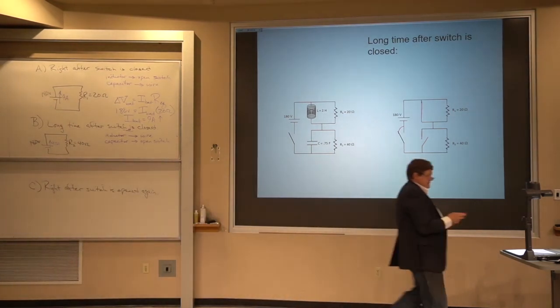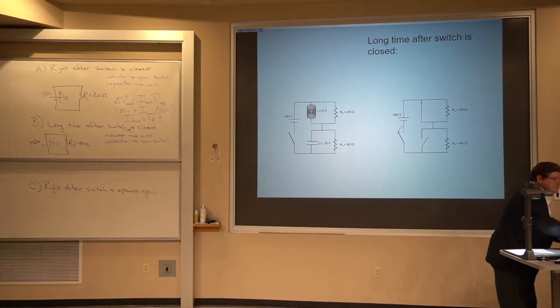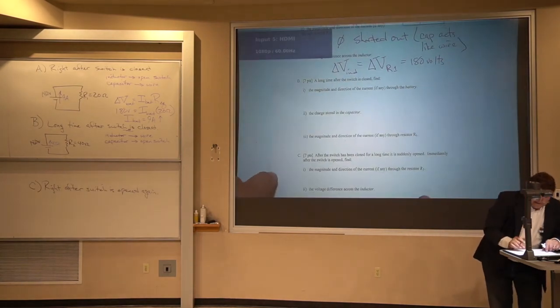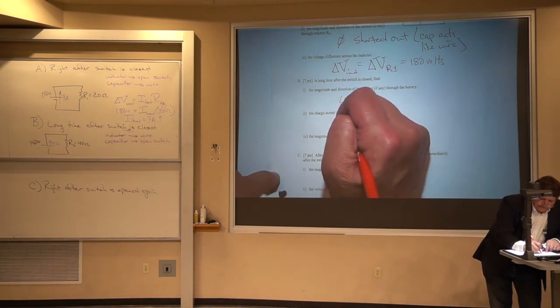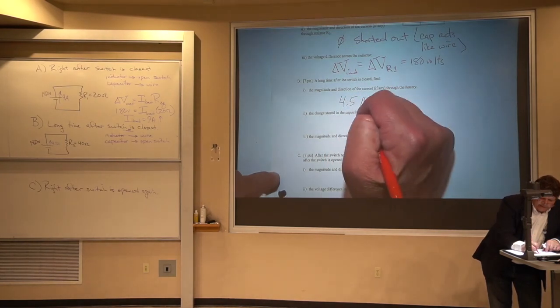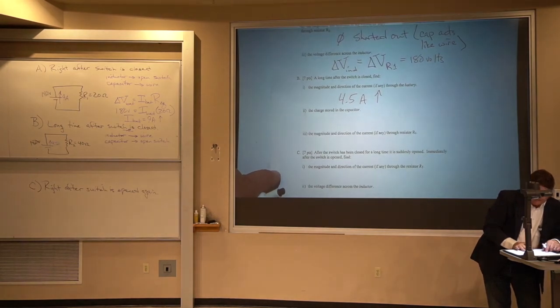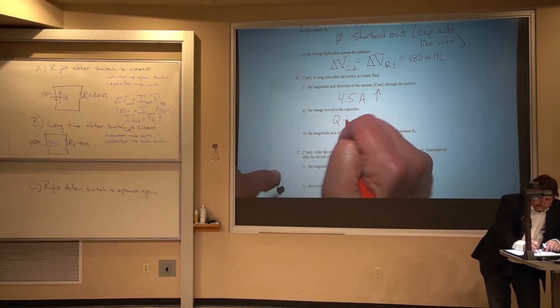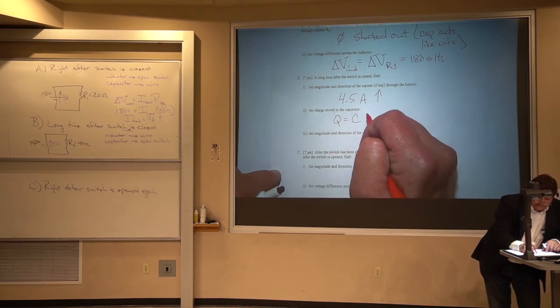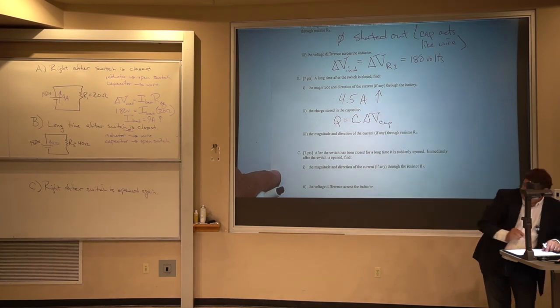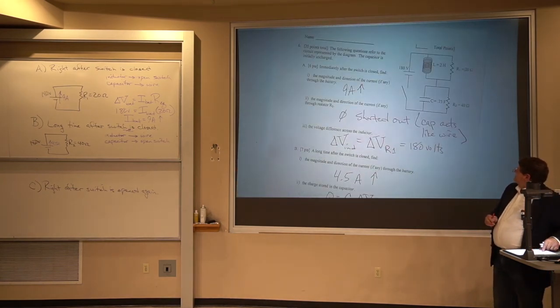Now if we go back to the sample exam, the magnitude of the current is going to be 4.5 amps up through the battery. The charge stored on the capacitor is going to be the capacitance times the voltage across the capacitor.